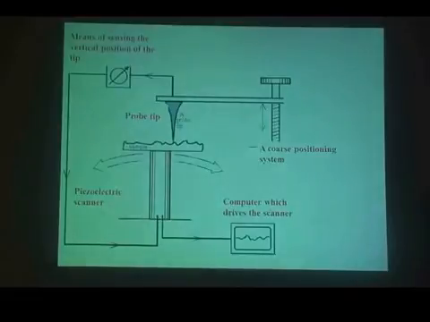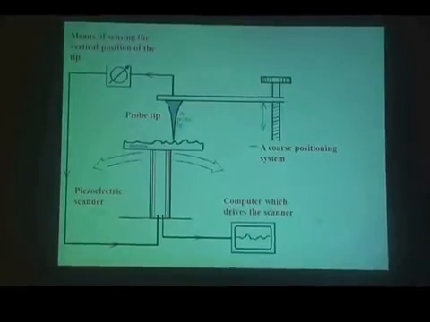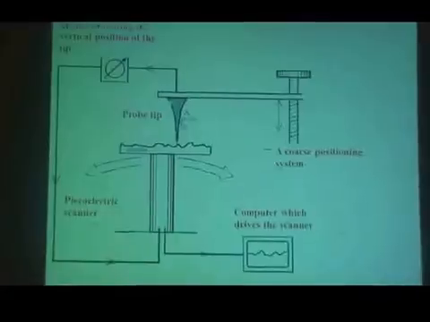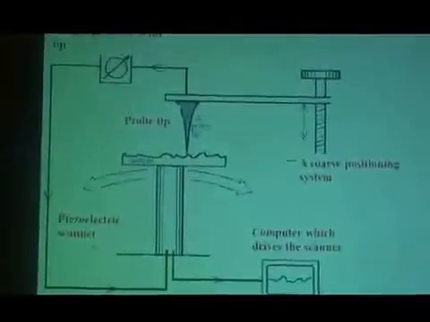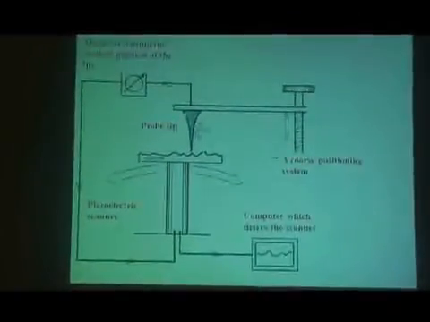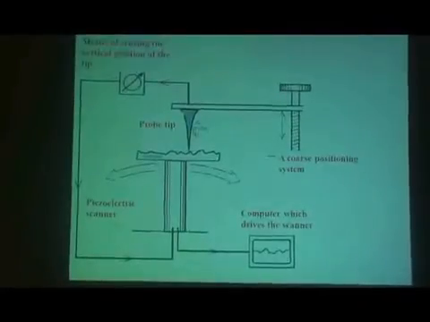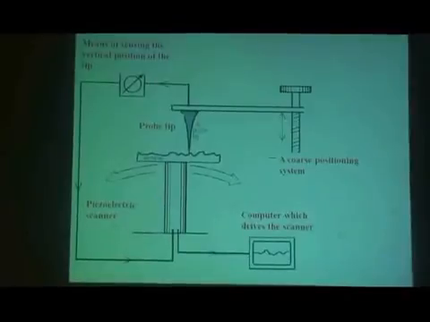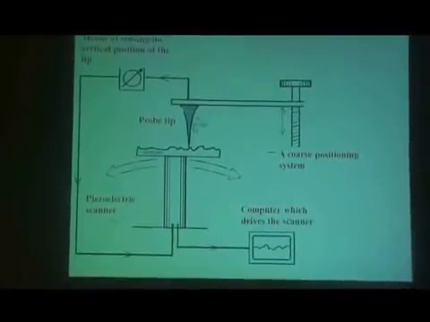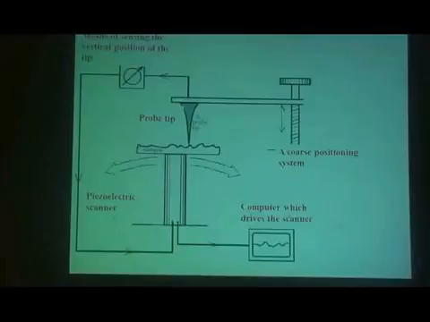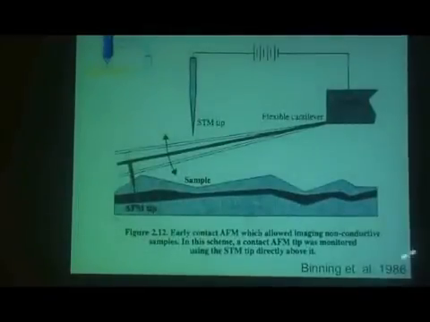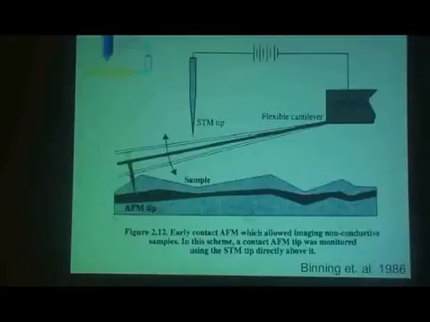So the question people asked at that time was how to monitor this movement of the tip. In the case of STM, people showed that you can use the tunneling current to monitor the separation. So initially they thought, why don't we use a conductive cantilever and then use an STM tip on it.